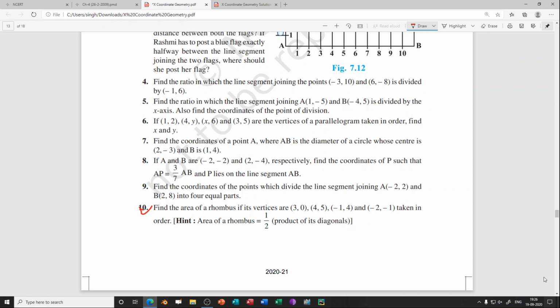Suppose this point is A, this is B, this is C and D. We find AC by distance formula, find BD by distance formula, and then apply the formula, area of rhombus equals half the product of its diagonals, so half into AC into BD. This 10th one you'll do on your own, for self trial.